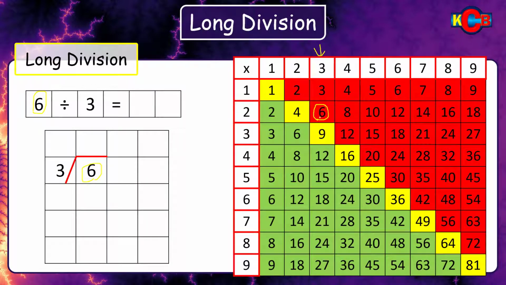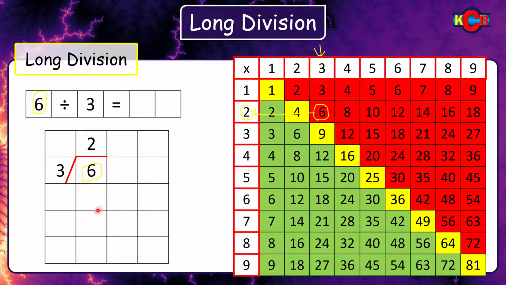Now, we found 6. Next, again, look horizontally to the left. Then we found 2. We write 2 here, at the top of the horizontal line.